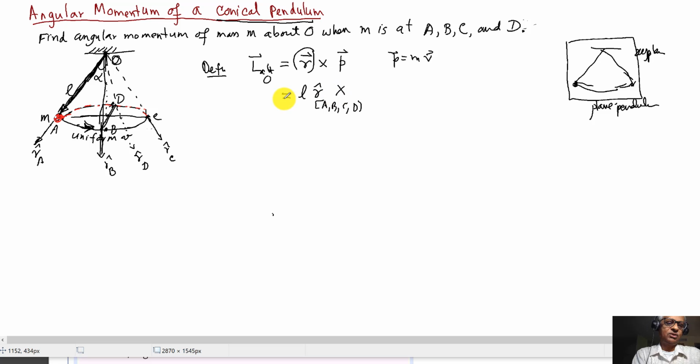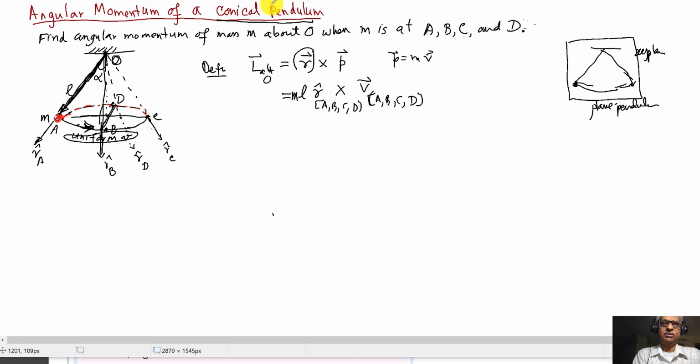In the cross product, what is the momentum? Well, it's mass times velocity. So let's put that mass and a velocity vector when it's at A, B, C, or D. But what's the velocity vector? It's going to be speed times the direction, and it says speed is uniform.